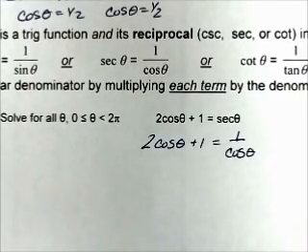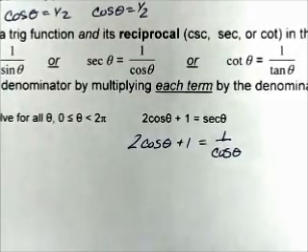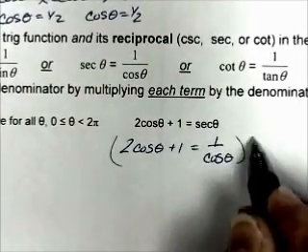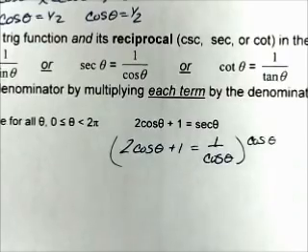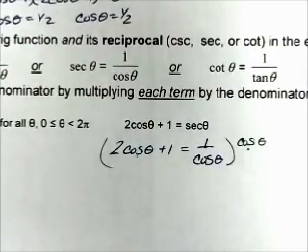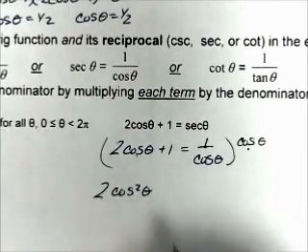Now we are going to clear the denominator by multiplying each term by the denominator. So in other words, we're going to multiply the entire equation, or each term, by cosine theta. All right. So 2 cosine theta times cosine theta would be 2 cosine squared theta.